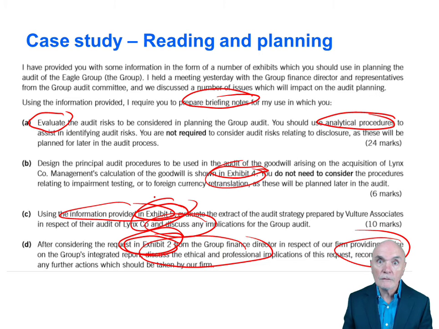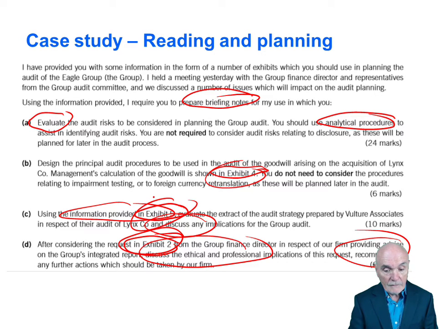What are we going to do with Exhibit 3? It's not specifically mentioned in these requirements. And Exhibit 3 is an exhibit which is basically looking at financials. And we have to think, well, where can we fit this in? We can't ignore it. The examiner is not going to give us an exhibit and then expect us to not use it.